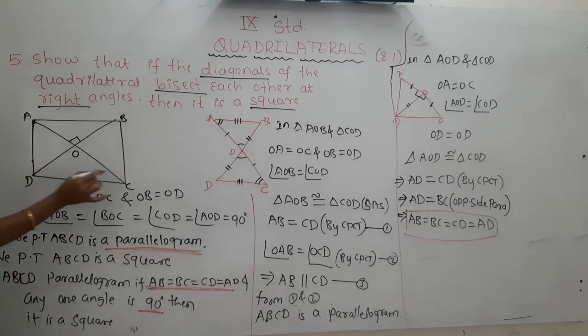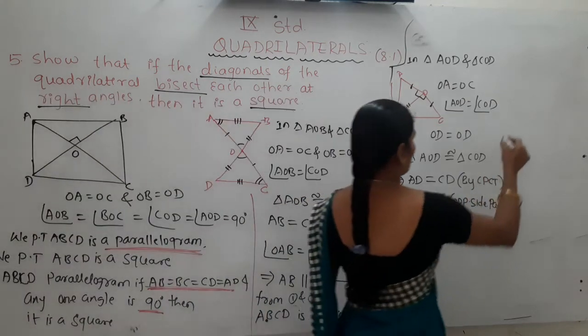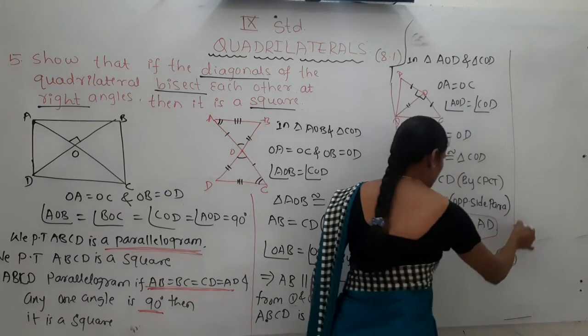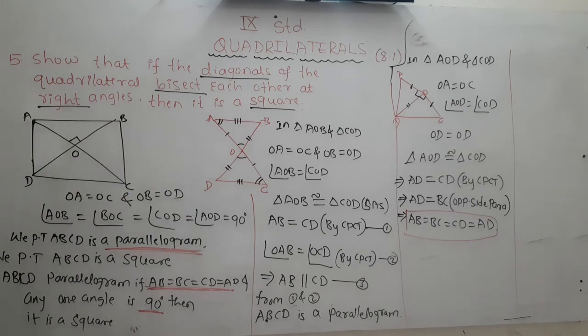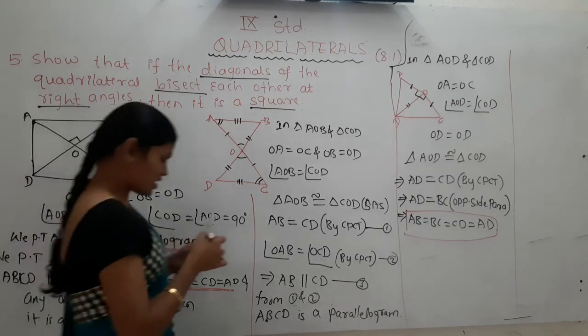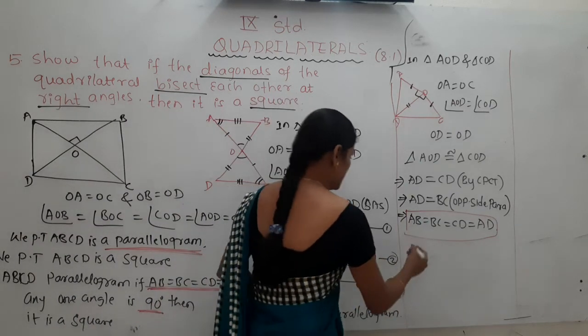Any one of the angles is how much? 90 degrees. We have to show that any one angle is 90 degrees. For that purpose, I will select triangles ABC and BCD.